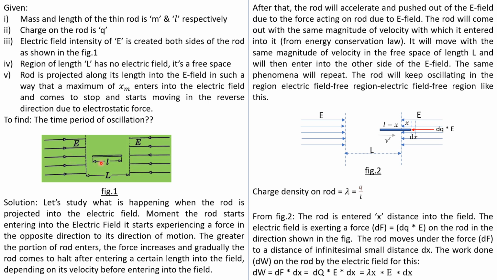So the entrance of the xm portion of the rod will be the same in this field as well. But when it stops, the force is still acting in this direction, and it will push the rod back into the free space, and it will come out again with a velocity v in this direction. So basically the rod will keep oscillating.